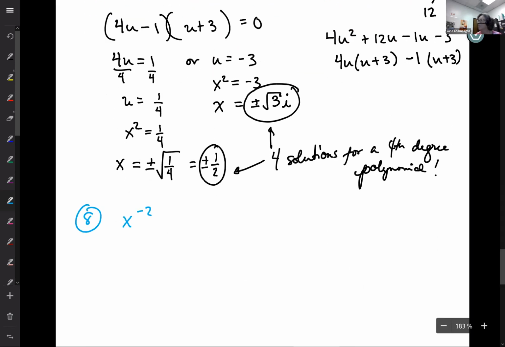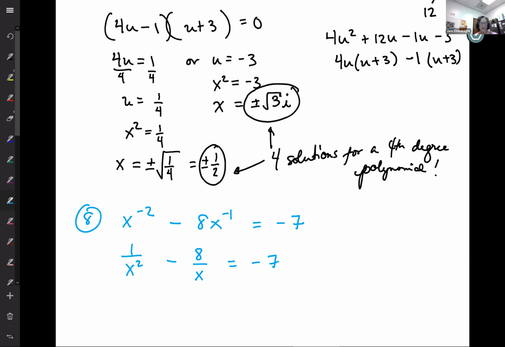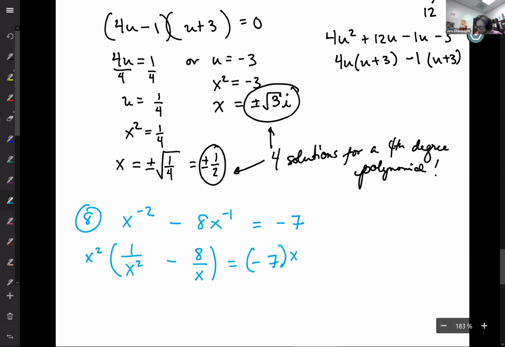X to the negative 2 minus 8x to the negative 1 equals negative 7. So one way to do it would be just to rewrite these, you know, as what that means, right? X to the negative 2 being 1 over x squared, x to the negative 1 being 1 over x, so 8x to the negative 1 being 8 over x, and then clearing the denominator by multiplying both sides by the LCD, which is x squared.